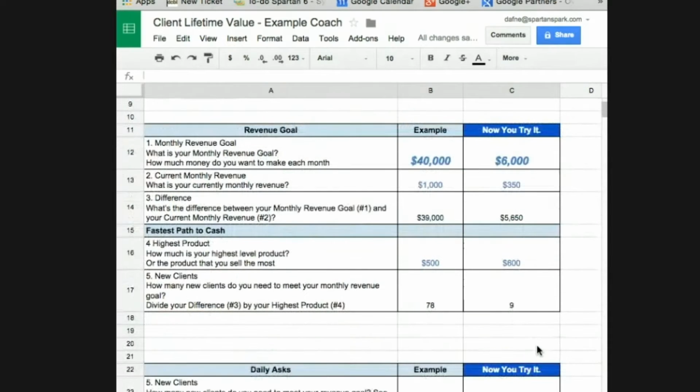So your fastest path to cash is what is your highest product worth? So the product that you sell most. Say the coach sells a $1,000 package: 10 coaching sessions for $1,000. So let's just change this to $1,000.